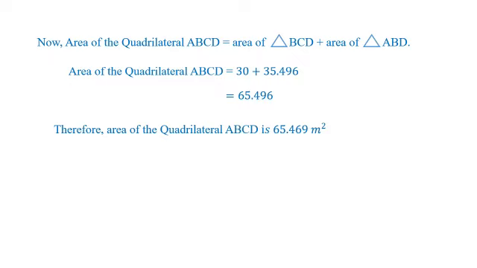So therefore the area of the required quadrilateral ABCD is 65.496 meters square, or if you round it up, we can simply write 65.5 meters square. It is better to write with 3 digits after the decimal point.